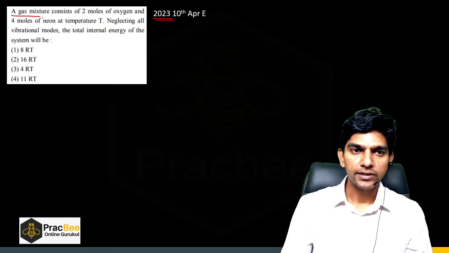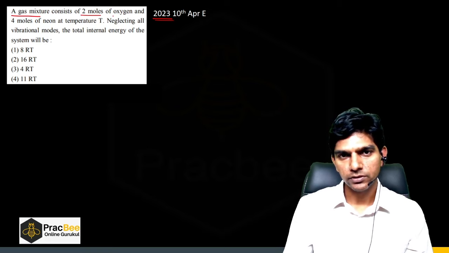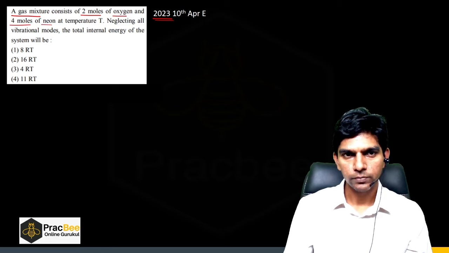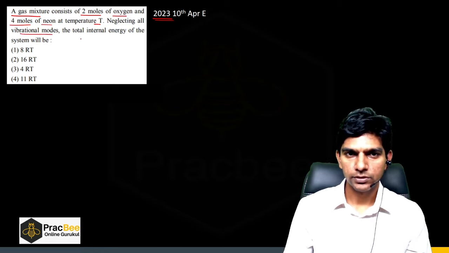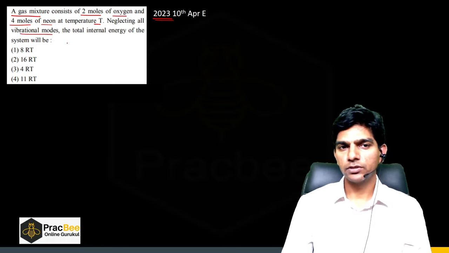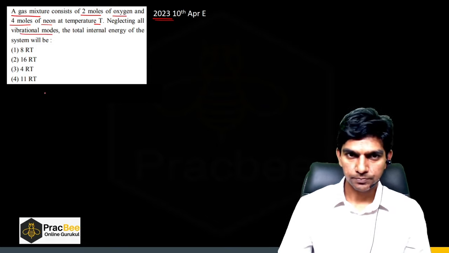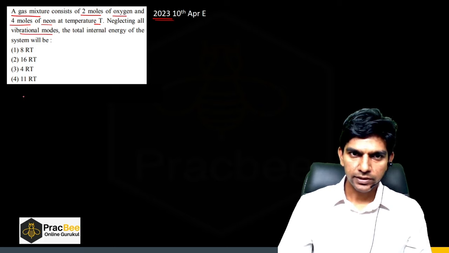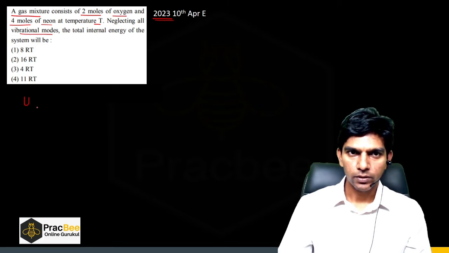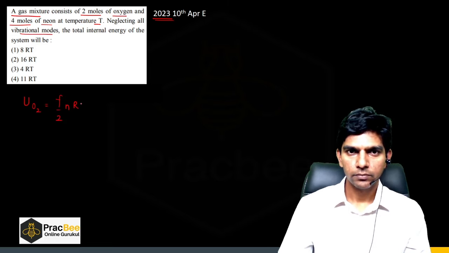A gas mixture consists of 2 moles of oxygen and 4 moles of neon at temperature T. Neglecting all vibrational modes, the total energy of the system will be? So what is the internal energy of oxygen? It will be F by 2 nRT.